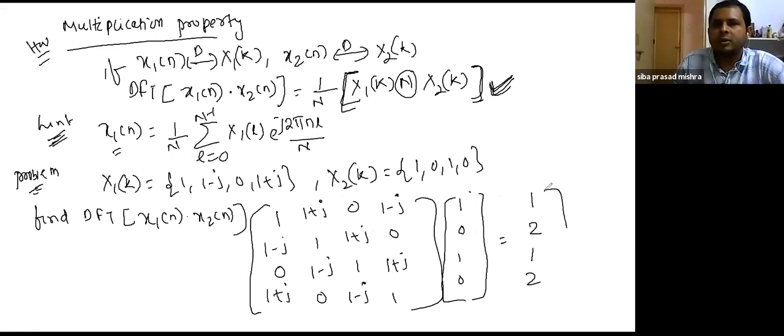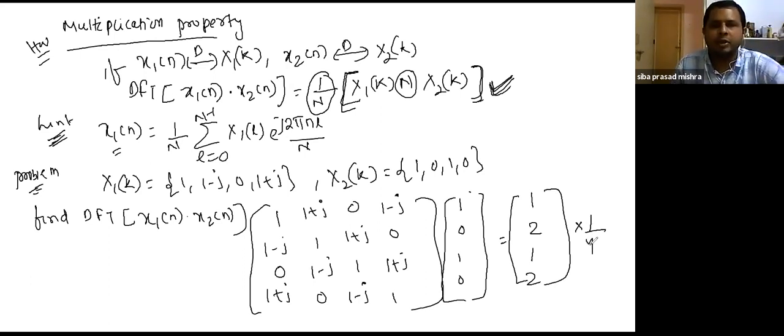But this is not the answer, because the 1 by N term is there. Multiply by 1 by 4, don't be confused, because according to the formula, X1[k] circular convolution with X2[k] is divided by capital N, or divided by 4. So what is the final answer?